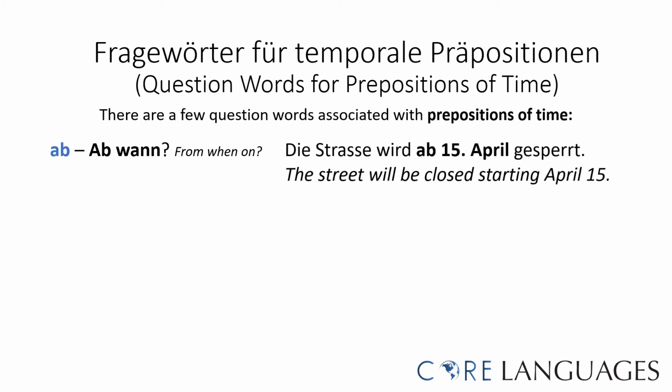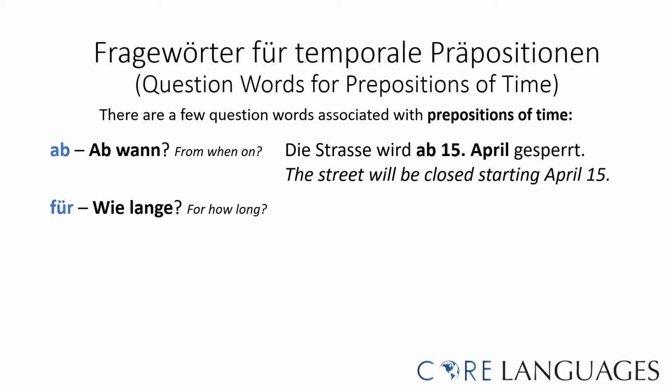For example, die Straße wird ab 15. April gesperrt. The street will be closed starting April 15th. The question would be, from when on or starting when will the street be closed? Ab wann wird die Straße gesperrt?